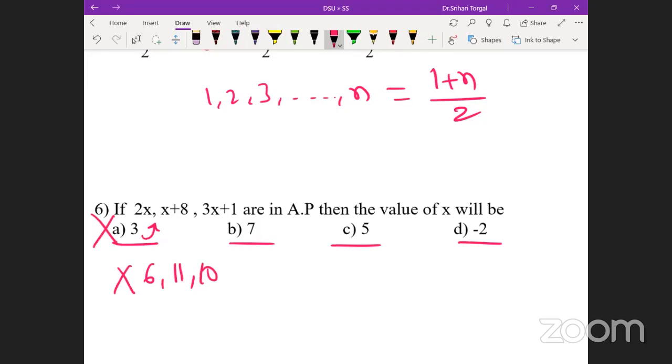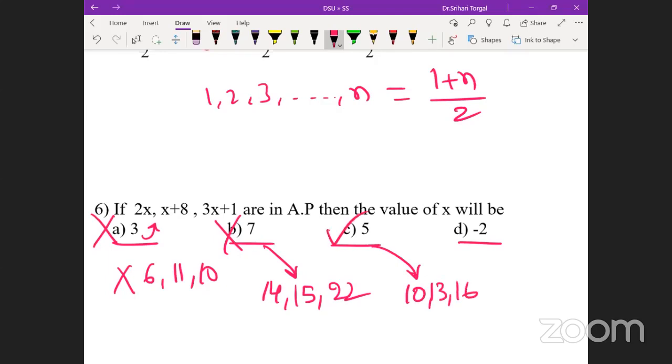Option E is not the answer because after 11 you will not get 10 in AP, right? If I put 7, you will get 14, 15, 21, 22, which is also not possible. If I put 5, it is 10, 5 plus 8 is 13, and 15 plus 1 is 16. Yes, option C, 5 is the right answer because that forms an AP.